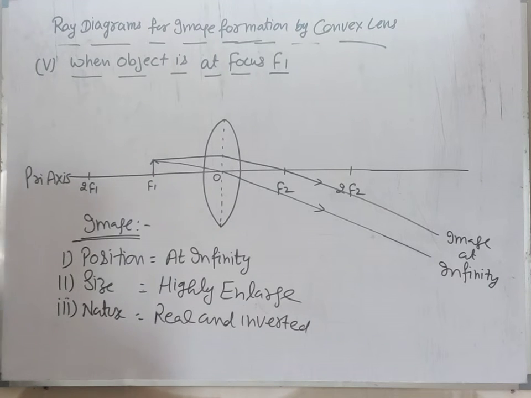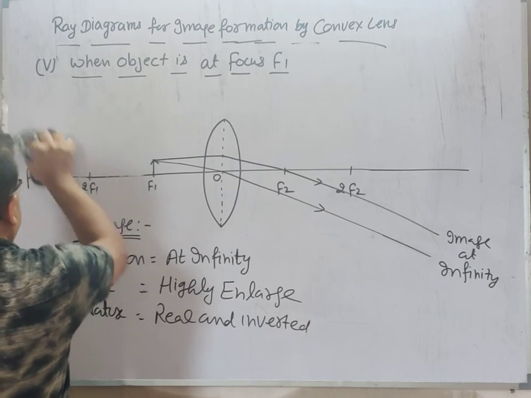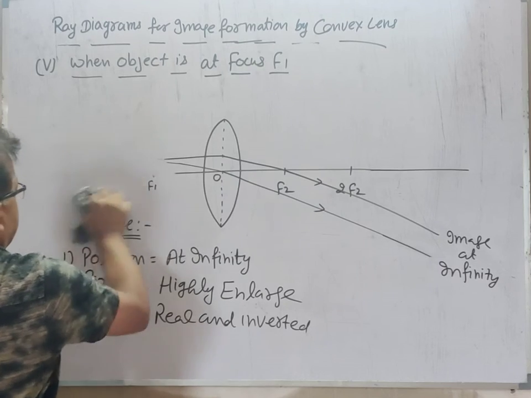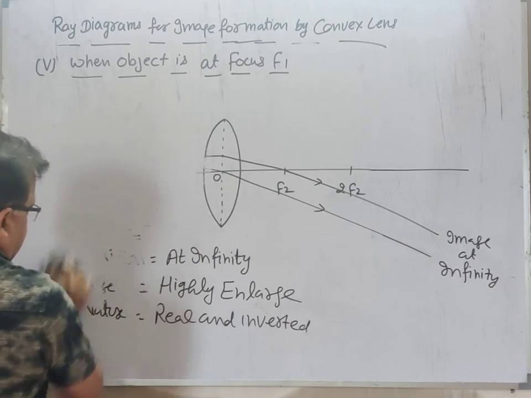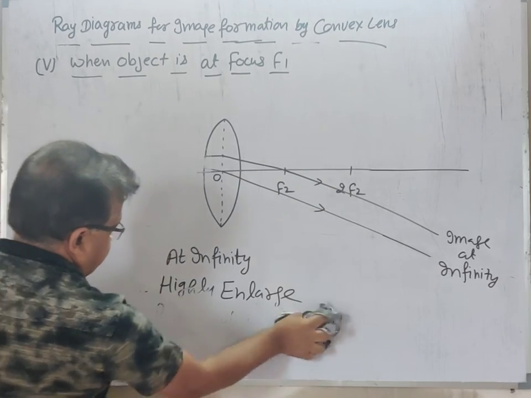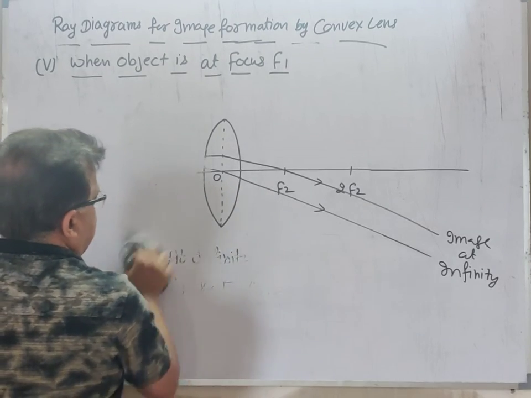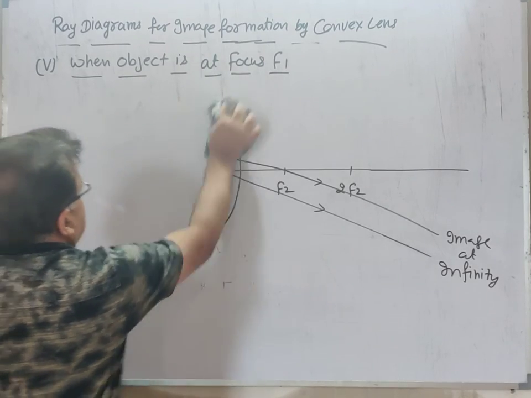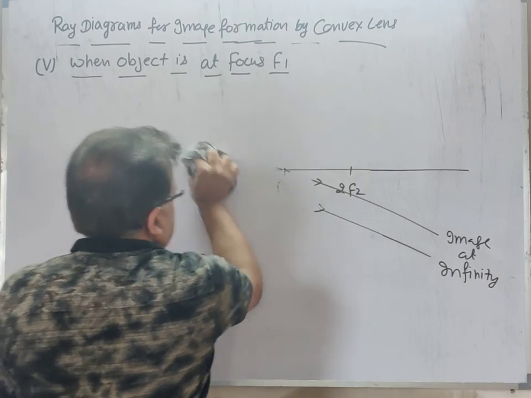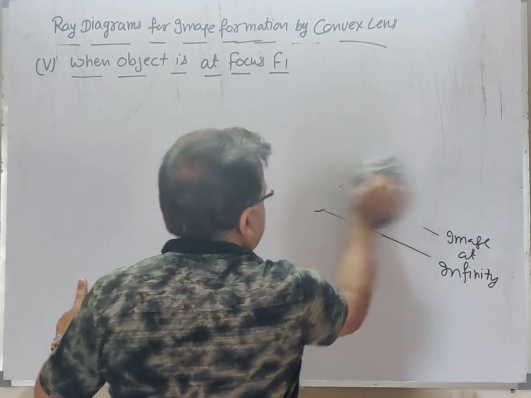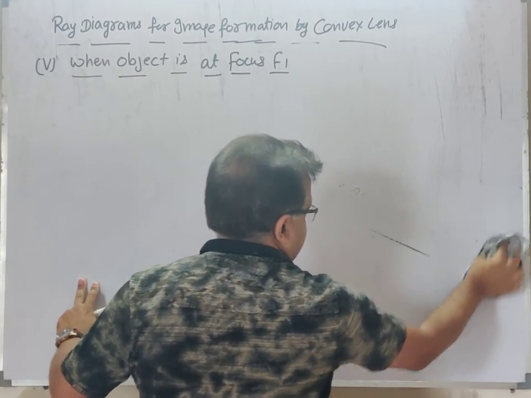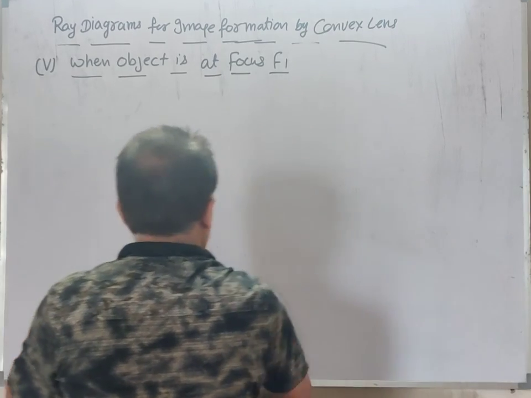Now the last image is formed when the object is between f1 and the convex lens.